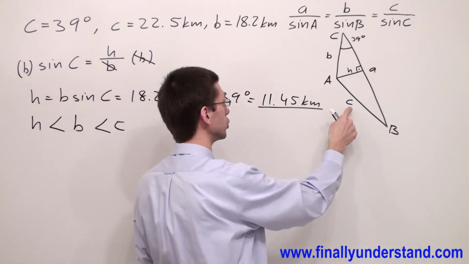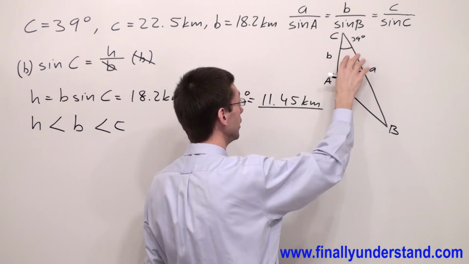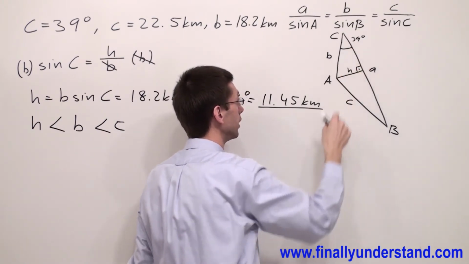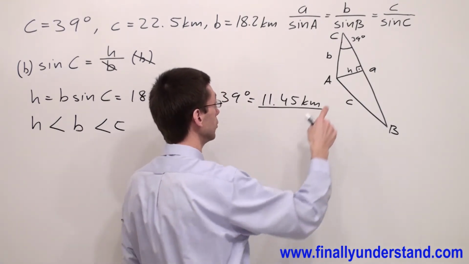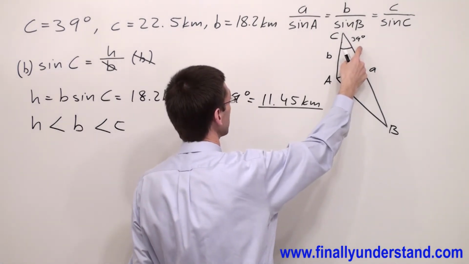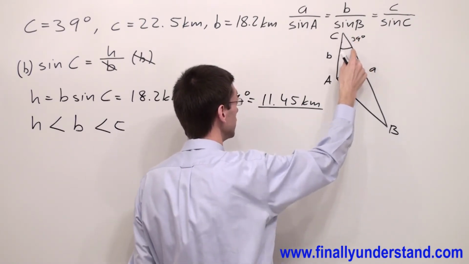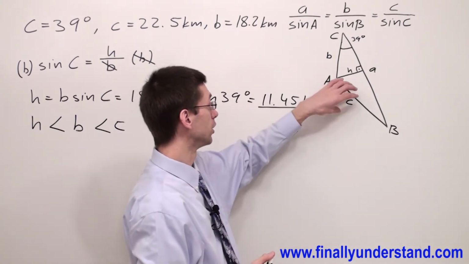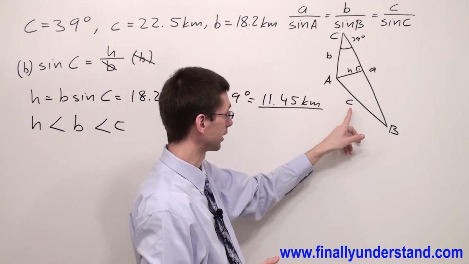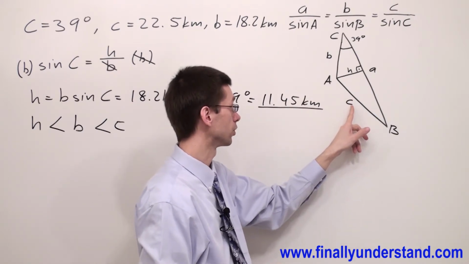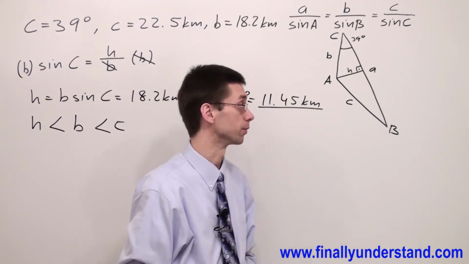Please notice that C is longer than B. So if you move side C up, this angle is not going to be 39 degrees anymore. It's going to become an obtuse angle. We want to make sure that this is an acute angle and it has 39 degrees. So we cannot move side C up. We leave it as it is, going down. So we are going to have only one solution.